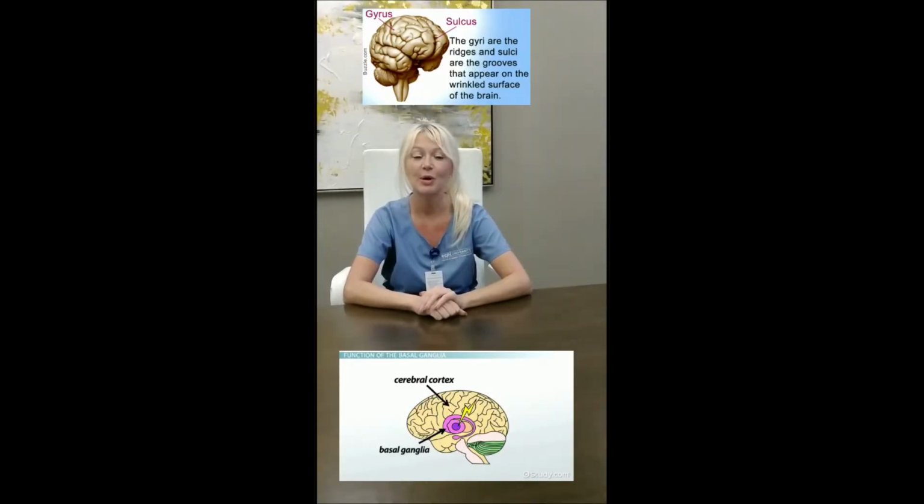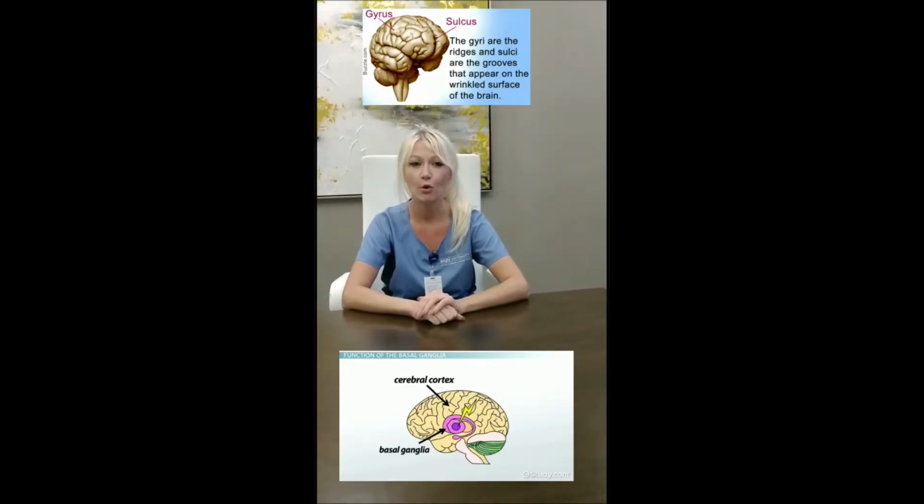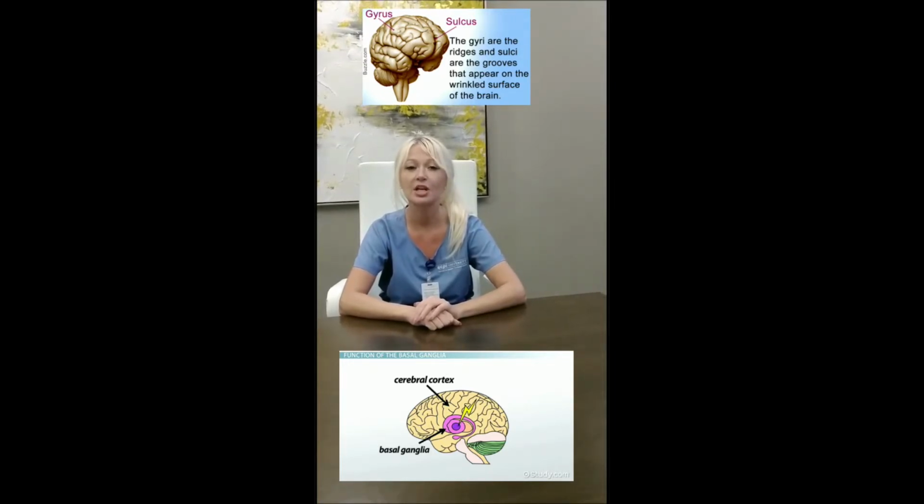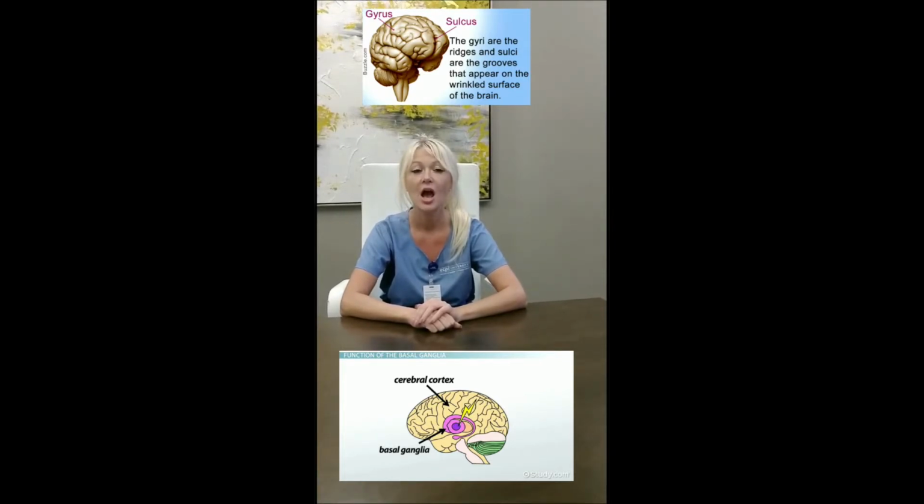The surface of the cerebrum is called the cerebral cortex, which is made out of gray matter with characteristic sulci and gyri. The cerebral cortex is responsible for the higher brain functions like thinking and using language.